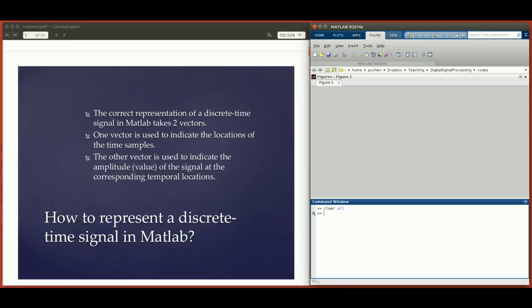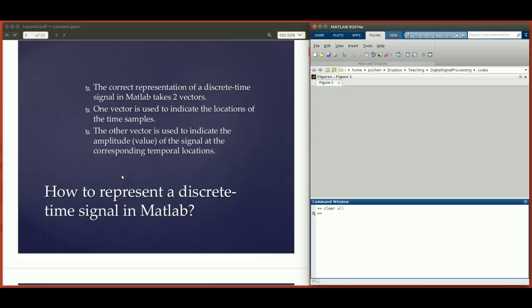But for a digital signal, it can only be a value that can be represented by a computer, because we are actually doing the processing in Matlab. So a computer can only represent a certain type of real numbers, basically a subset of the real numbers. So we're basically looking at two vectors, one for the time series, for the time axis, and the other for the amplitude.